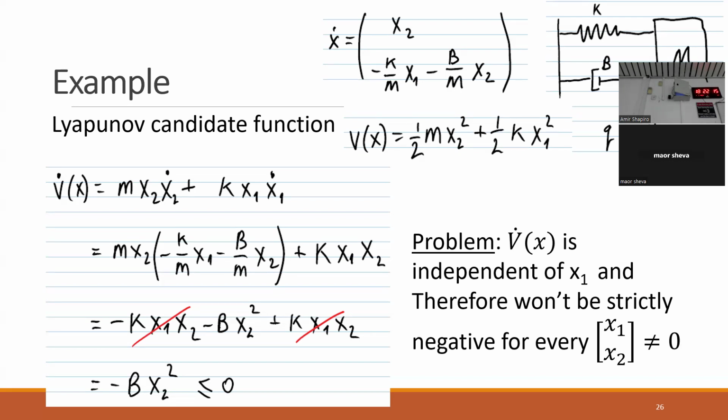So these cancel out, and we have only minus b x2 squared. And minus b x2 squared, because it's squared, is negative. It's negative everywhere except at 0, which is good for us.